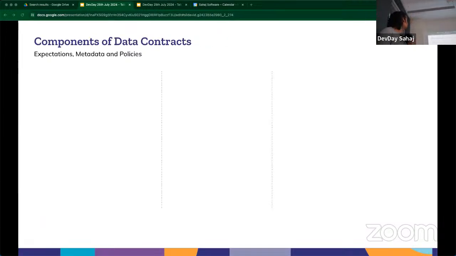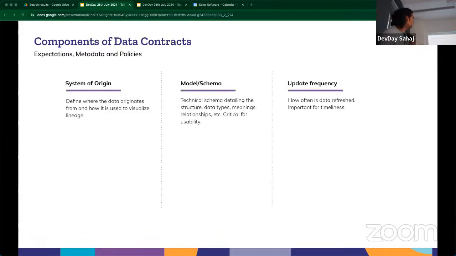So let's talk a bit more about what is involved in a data contract. There are quite a few components involved. The first thing is identifying the system of origin. Whenever you're building data products, it may be that you are producing some data internally as part of your engineering team, but in many cases, your data may originate from a different team or even outside of your organization.